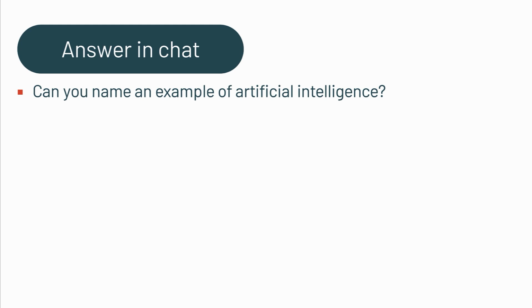AI and machine learning, they're really prevalent. A lot, I think, more than many of us are aware. So I'll just give you a few more seconds to type your answer into the chat. Just any example of AI or machine learning that you're aware of.